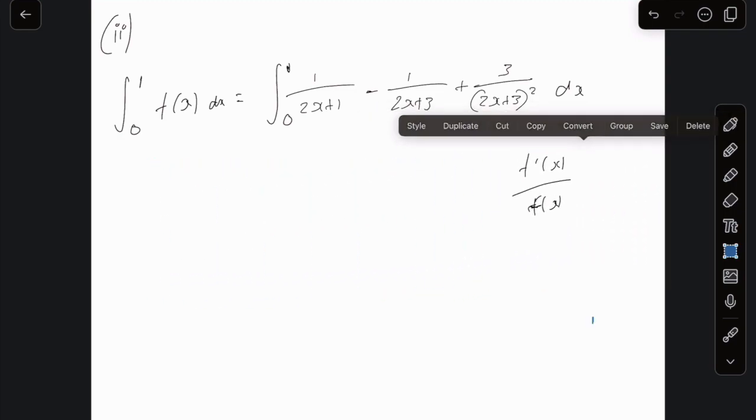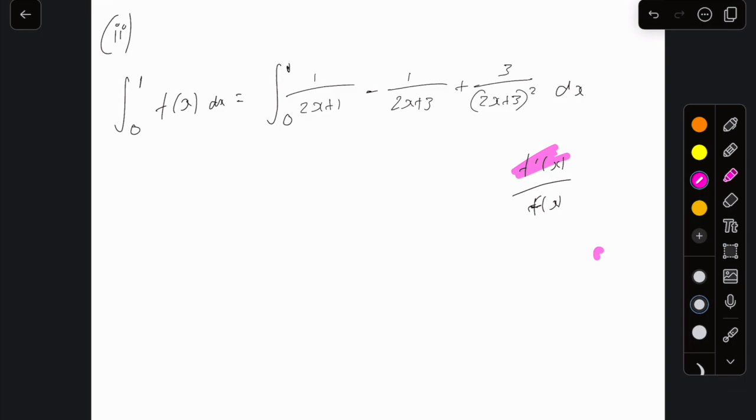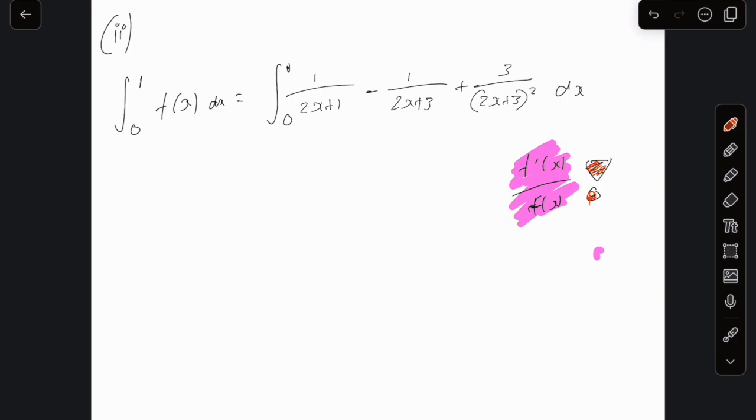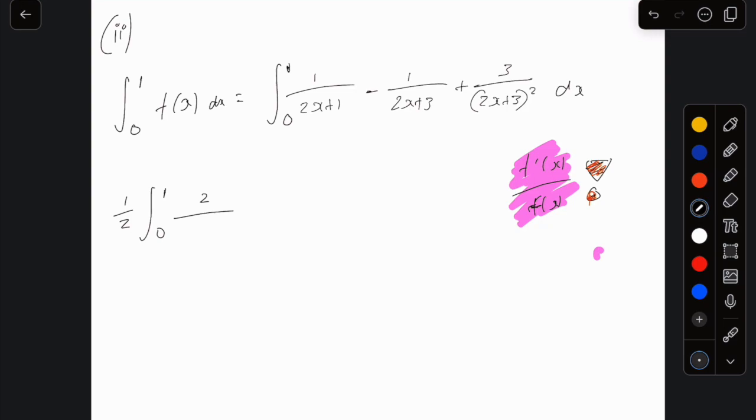Let me just highlight this in red. Very important. Okay, we need to get it in that form. So how are we going to do that? So what we're going to say, okay, is a half integral 1, 0 2 over 2x plus 1.